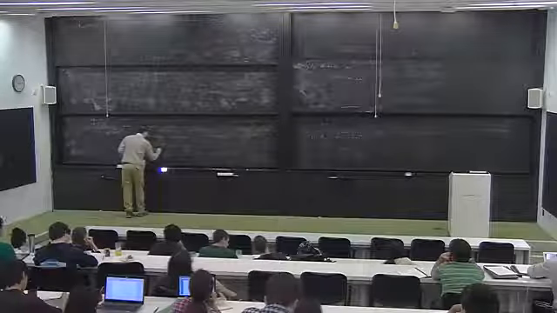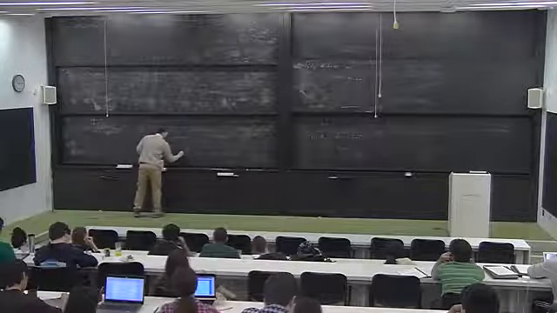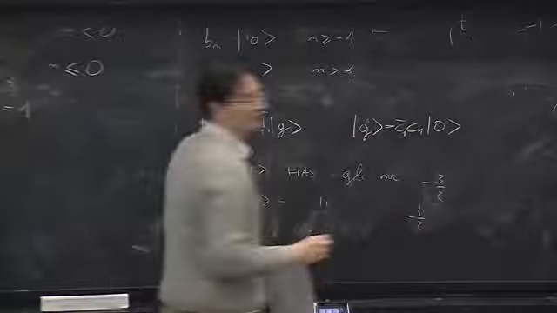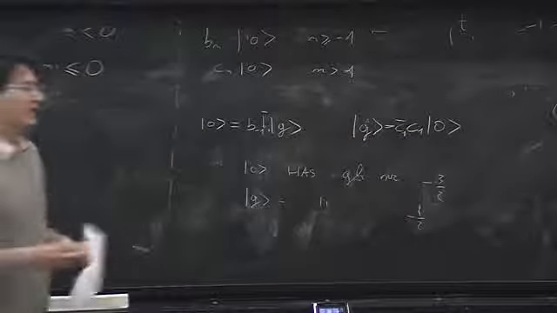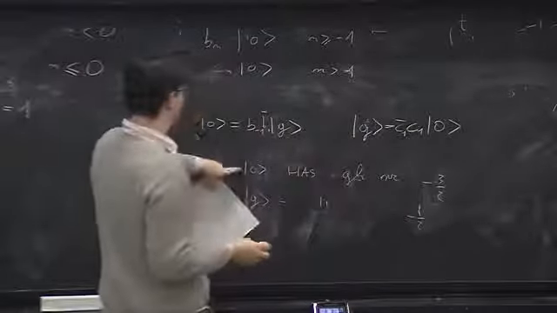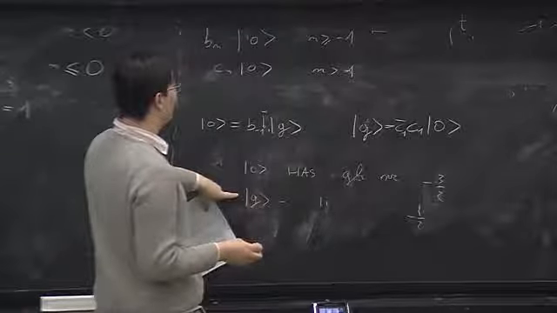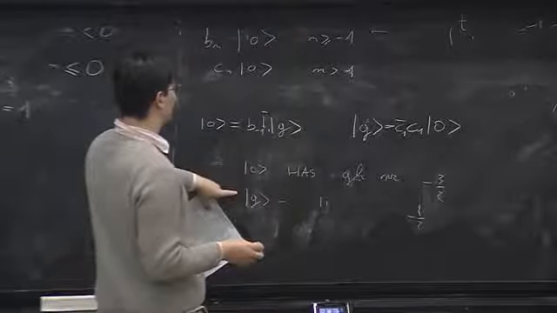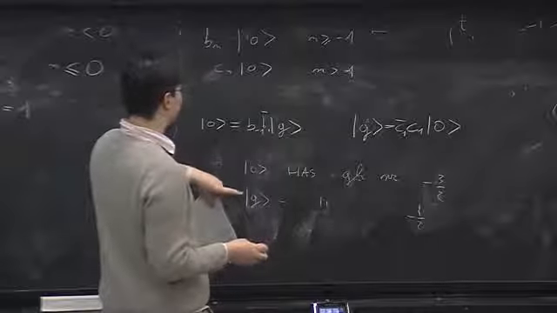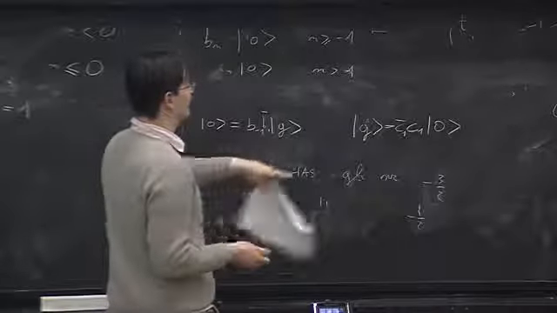The ground state has ghost number minus 1/2. And because we get it from here by acting with C1.